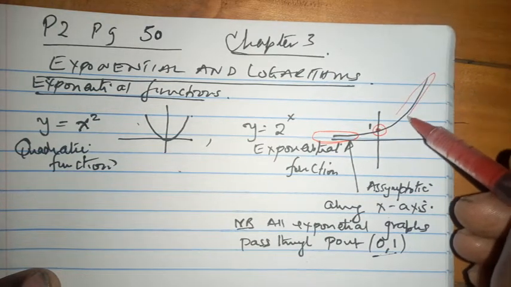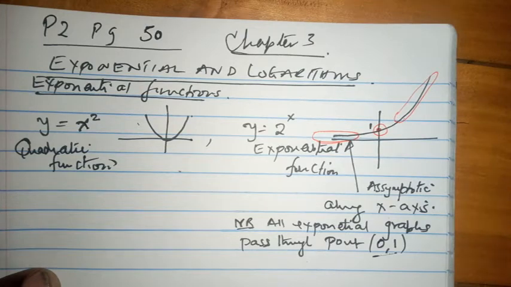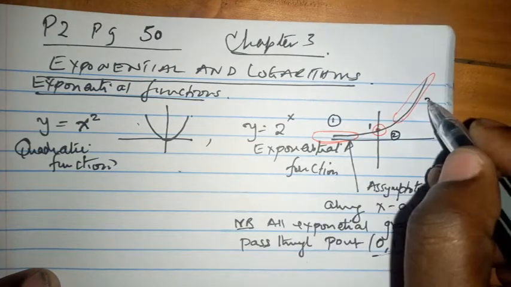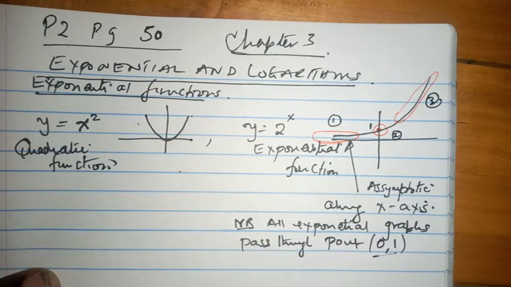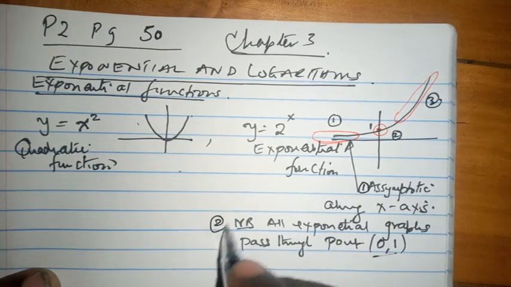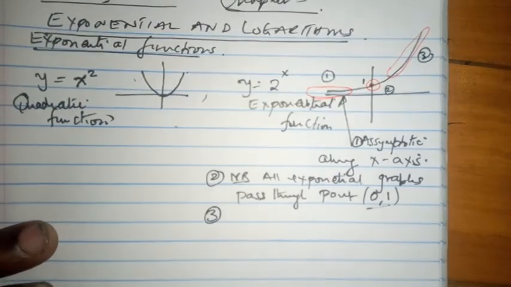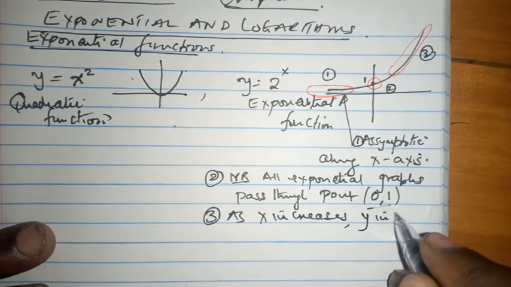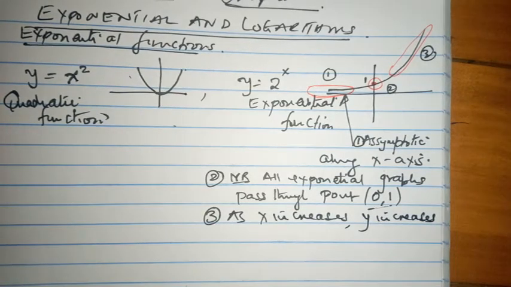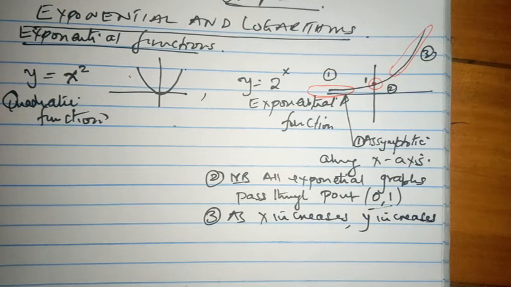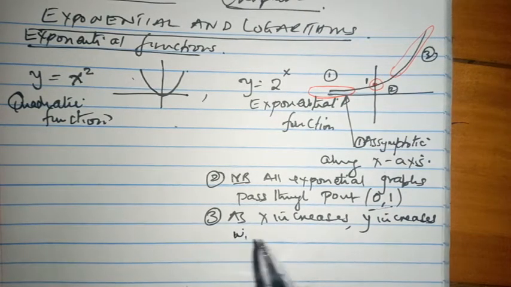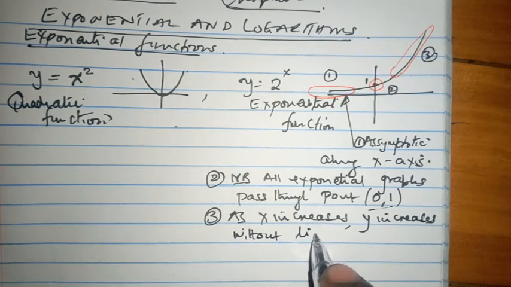And this is the third feature. This is feature 1, this is feature 2, and this is feature 3, whereby as x increases, y increases without limit.